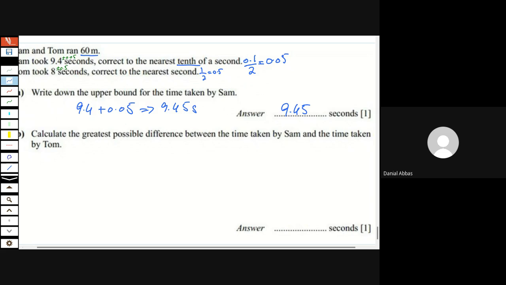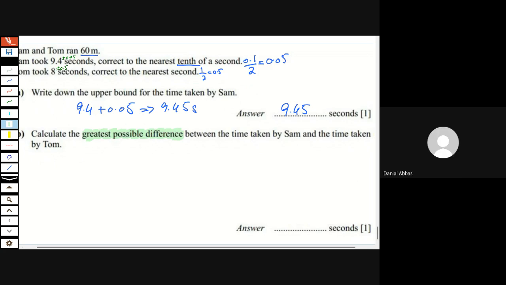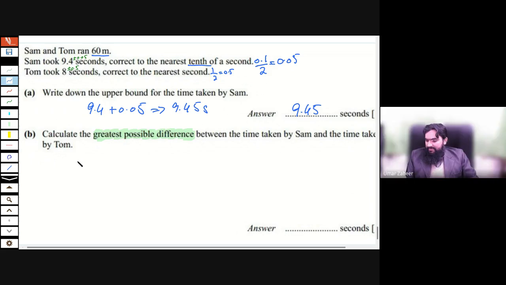Greatest possible difference between the time taken by Sam and Tom. So we'll take the upper bound of Sam and the lower bound of Tom. So we have to find the difference.